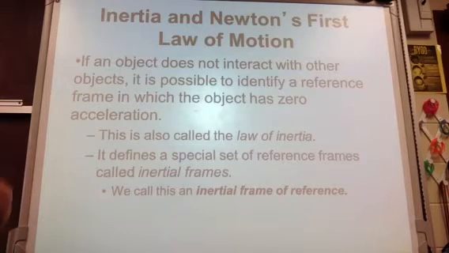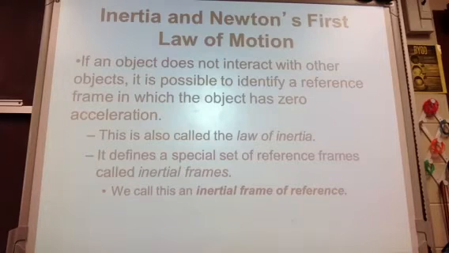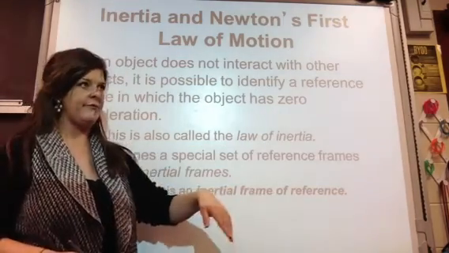If it's at rest, then there are no horizontal interactions of the puck with any other object. So that puck is at rest. I see that there are no other forces acting on it. And I would observe it to have zero acceleration because I'm not seeing that it's moving. I see that it's at rest. So I observe it has zero acceleration. In that case, I would consider that to be an inertial frame of reference.